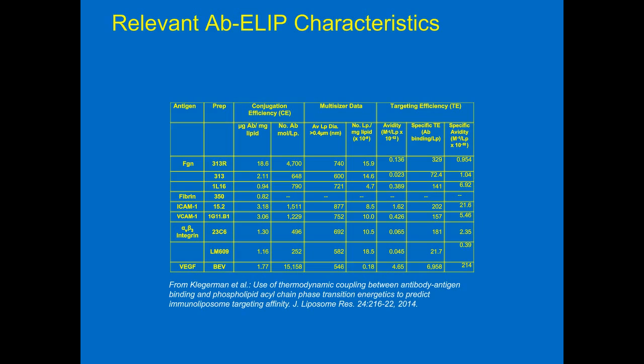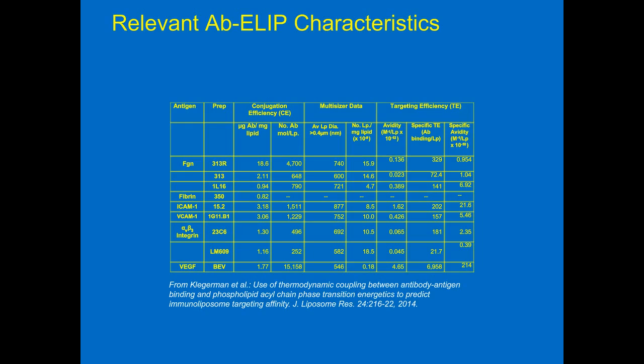We found that 1,000 antibody molecules per liposome in that population is optimal. Then the average size of the liposomes tends to be much more consistent. We find they usually fall between 500 and 800 nanometers in diameter. And then the number of liposomes per milligram of lipid, 3 times 10 to the 9th and above, is optimal.